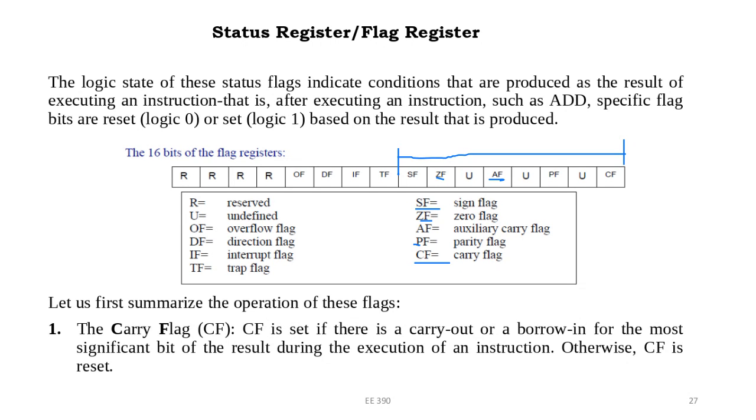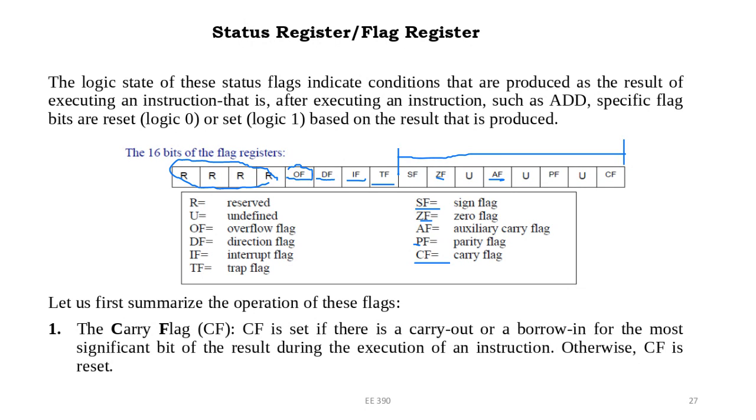Then in the higher 8 bits, it has 4 flags: TF for trap flag, IF for interrupt flag, DF for direction flag, and OF is called overflow flag. So 4 flags. And the other higher 4 bits are reserved, so this is also not a point of interest.